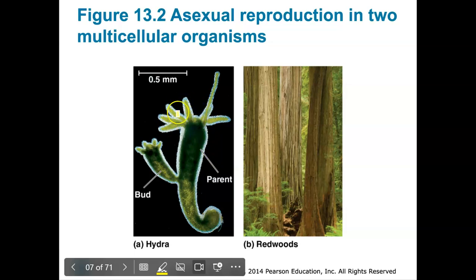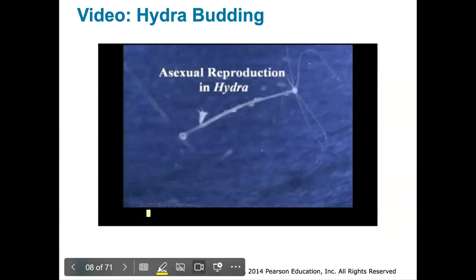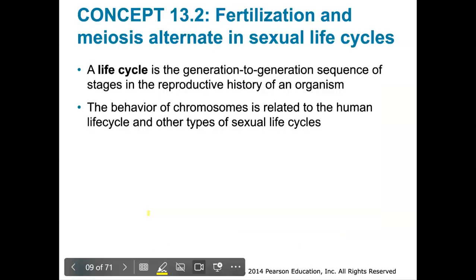So here's the parent Hydra with its tentacles, and then a little baby bud forms off of the side of the parent's body, and then that bud will break off and attach somewhere. The Hydra live in fresh water. So it'll attach somewhere and get bigger and become an adult Hydra.